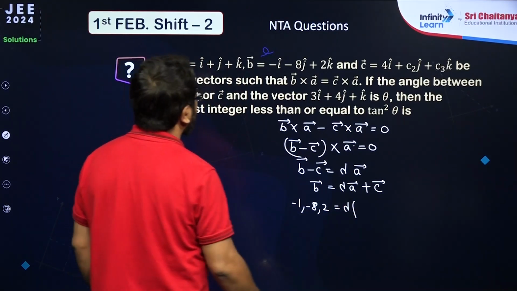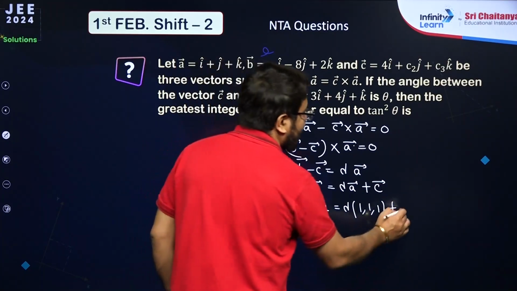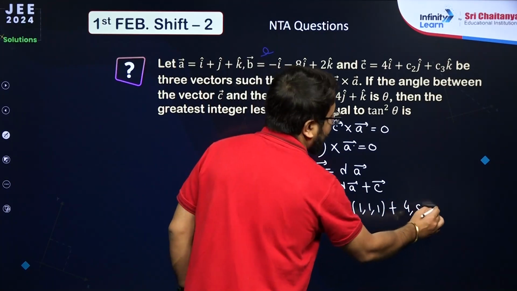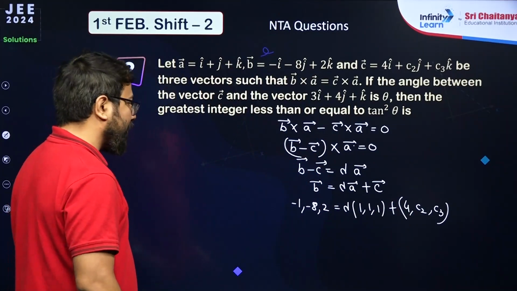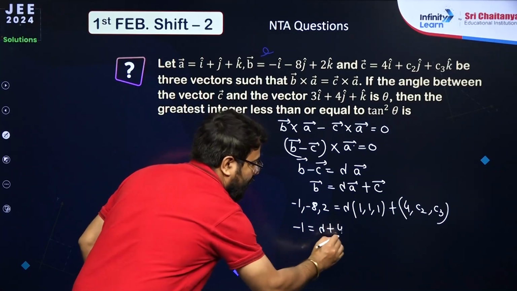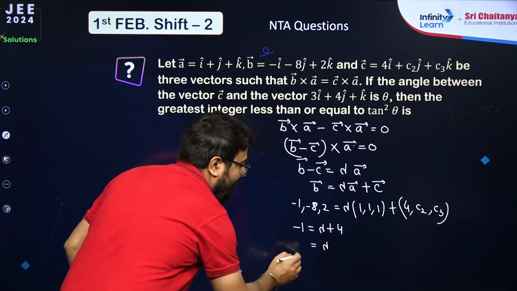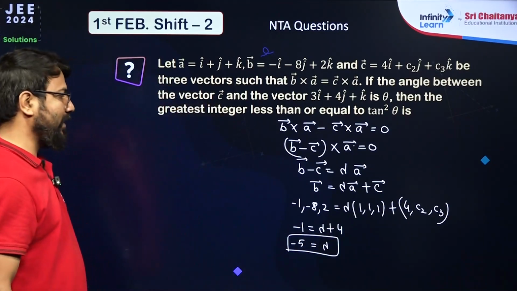A vector is 1, 1, 1. I'm just writing the coordinates. And C vector is 4, C2 and C3. On comparison of the x coordinate, minus 1 will be equal to lambda plus 4. So we get the value of lambda as minus 5. I hope you are able to understand how we got the value of lambda.